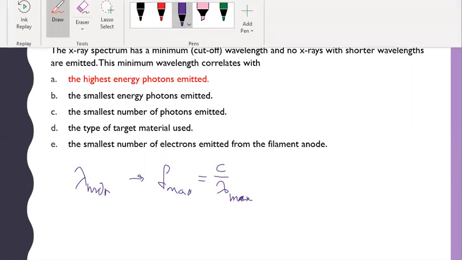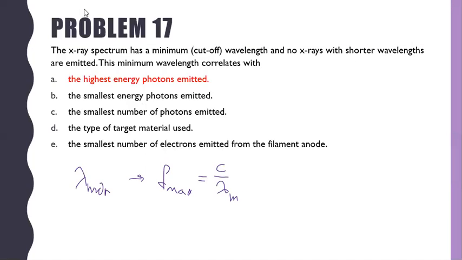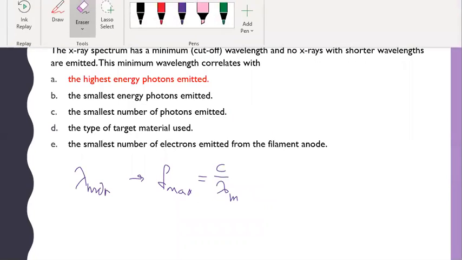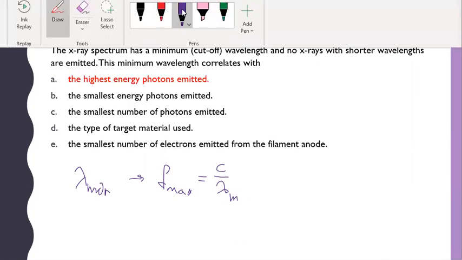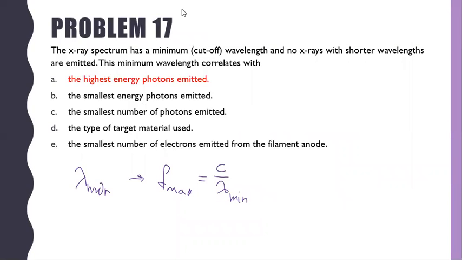Maximum frequency corresponds to minimum wavelength. Well, that corresponds to a maximum energy, because the energy of a photon is Planck's constant times frequency. So that's the answer here. It corresponds to the highest energy of the photons emitted.